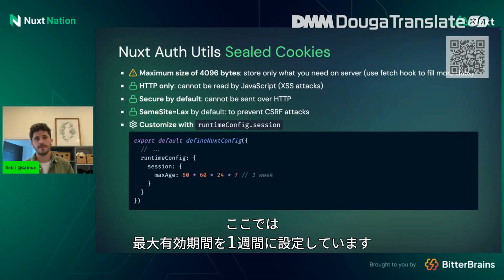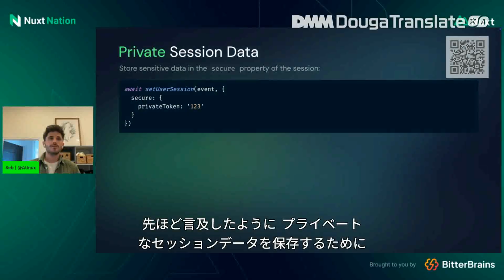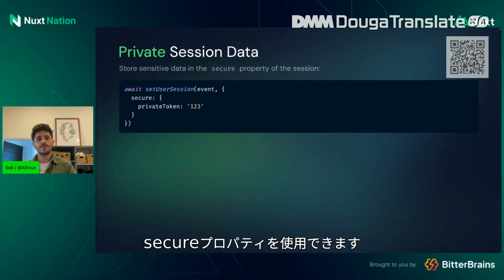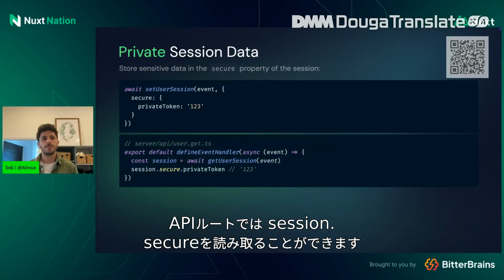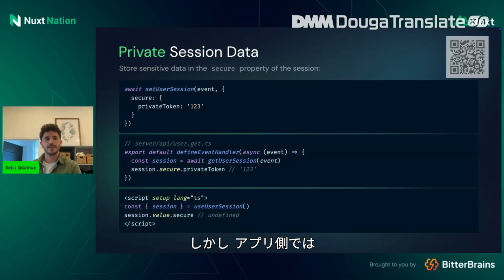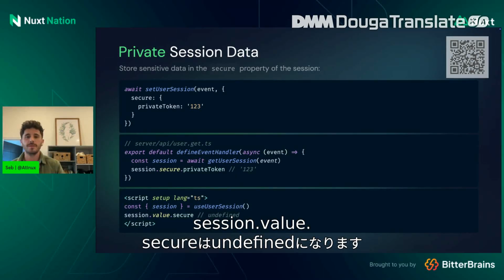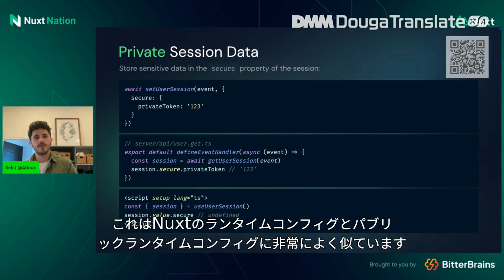Here, I'm setting the max age to 1 week. To store private session data, like I mentioned earlier, you can use the secure property. In an API route, you can read session.secure, but on the app side, session.value.secure will be undefined. It's quite similar to the runtime config and public runtime config in Nuxt.